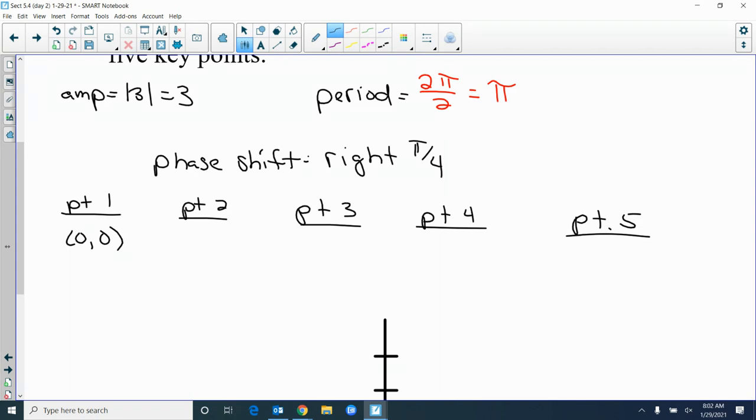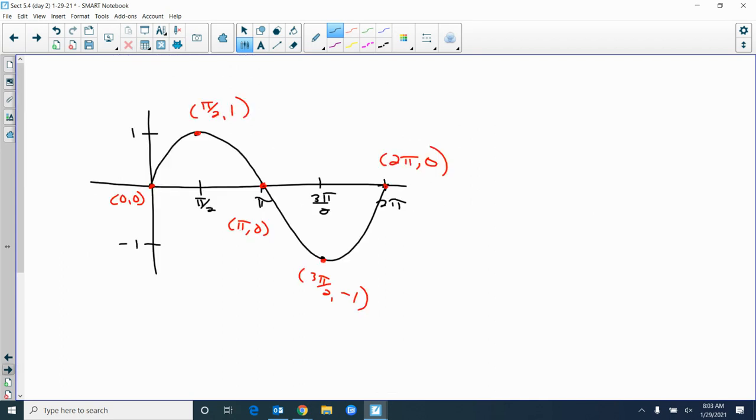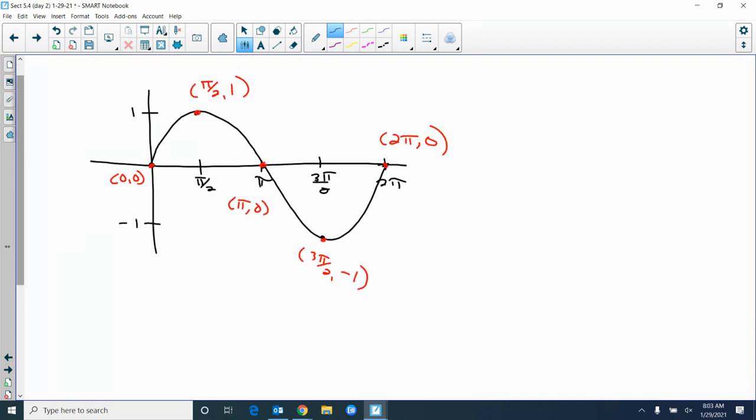It's been moved right pi over 4. Does anything else affect the y coordinate for this? No. So this is why point 1 is pi over 4, 0.